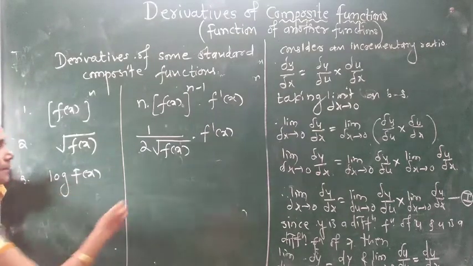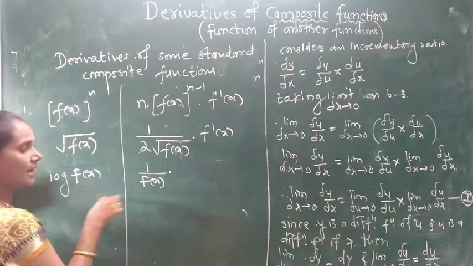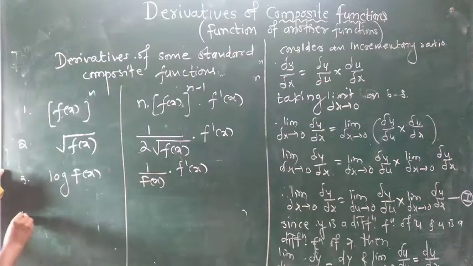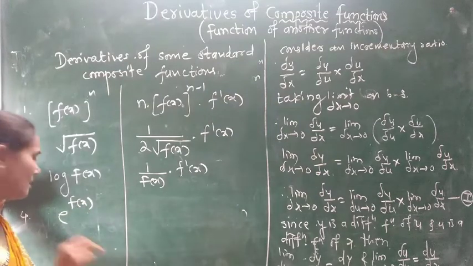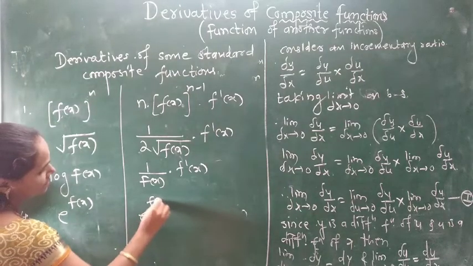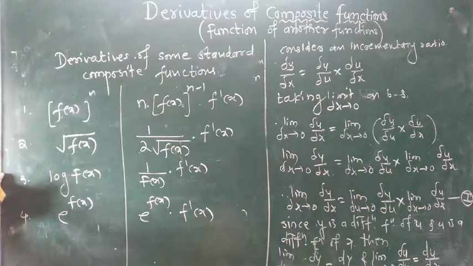So derivative of log f of x is 1 upon f of x into derivative of function, that is f dash of x. Now derivative of e raised to f of x. We know derivative of e raised to x is e raised to x. So derivative of e raised to f of x is e raised to f of x into derivative of function.